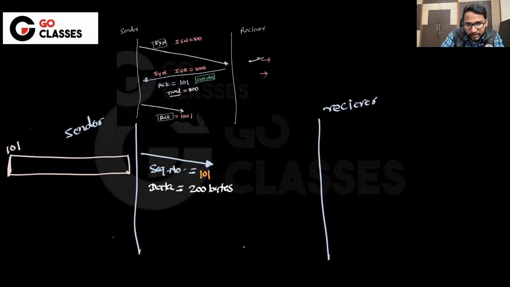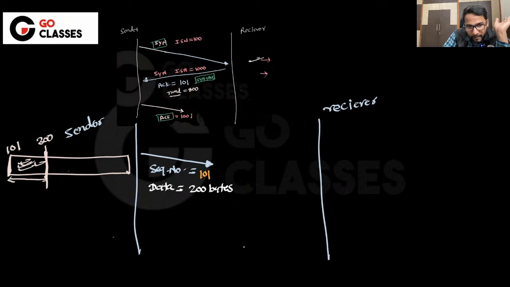This sender is basically some buffer. It will be receiving some data from the application layer. So till now, I have just sent 200 bytes, 101 to 200. Okay, this is just sent. 200 bytes, which means till byte number 300 I have sent. Okay, this sending is done.